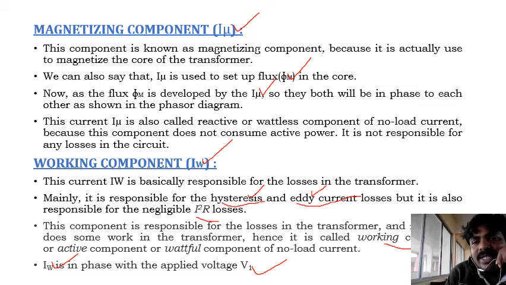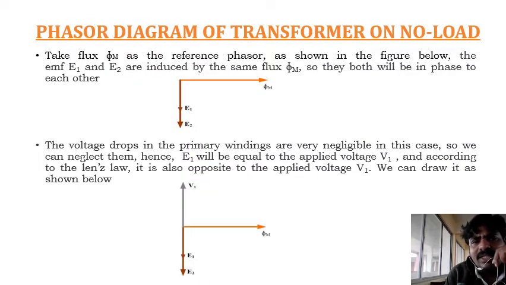But I mu is in phase with phi m, because it produces phi m. Now let me draw the phasor diagram of the transformer on no load condition. Here we are supposed to consider some reference phasor. Which one is the reference phasor?